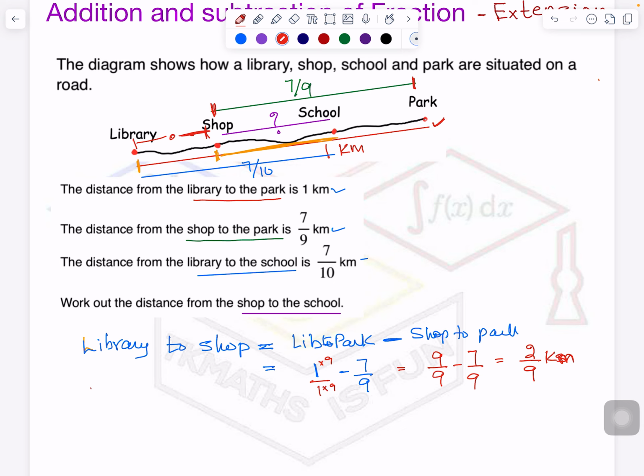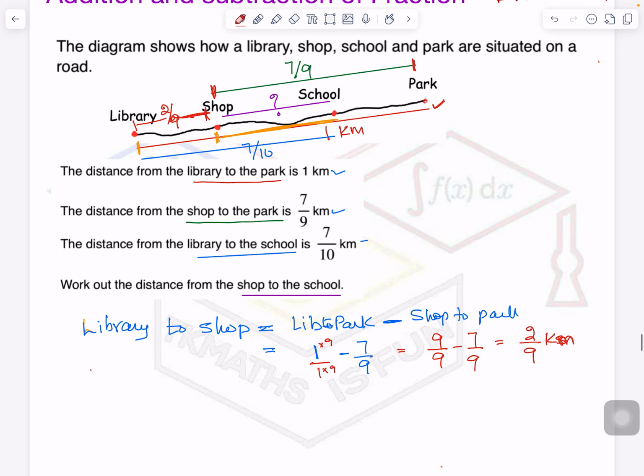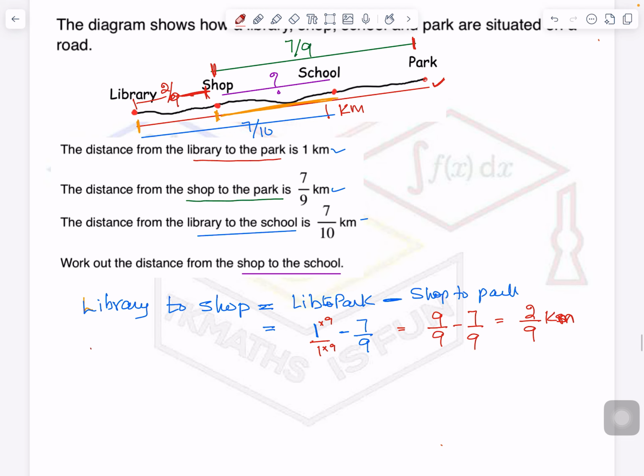Okay, so I can write here library to shop is 2 over 9 kilometer, right? But I have to find what? Shop to school. But I know from library to school, which is what? 7 over 10.